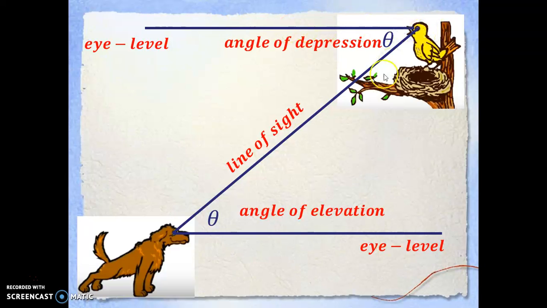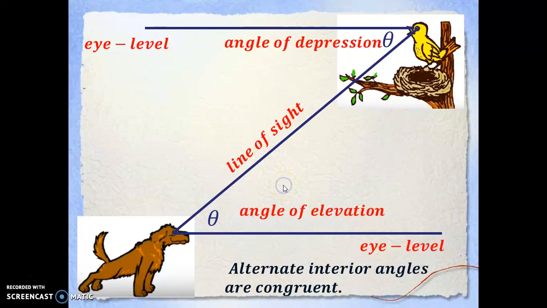If these two parallel lines are cut by a transversal, we can create here alternate interior angles. And you have to remember that alternate interior angles are congruent. So we can say that the angle of depression here and the angle of elevation here are congruent.